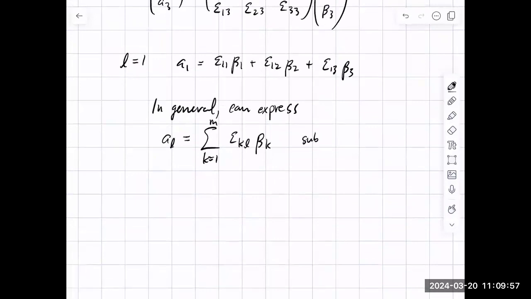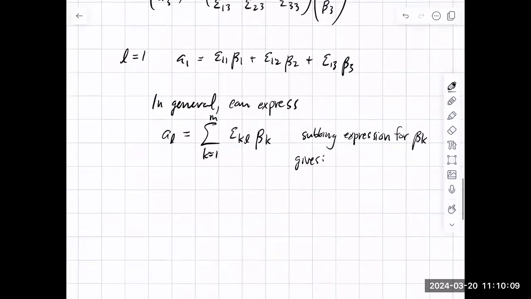So subbing in our expression for beta k, AL is going to be the sum from k equals 1 to m of epsilon KL. That's all exactly the same.